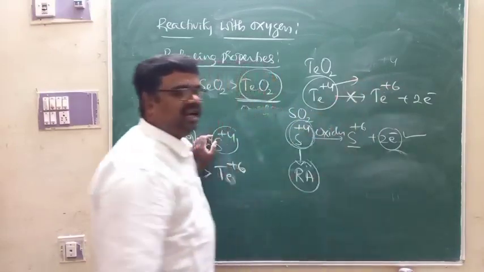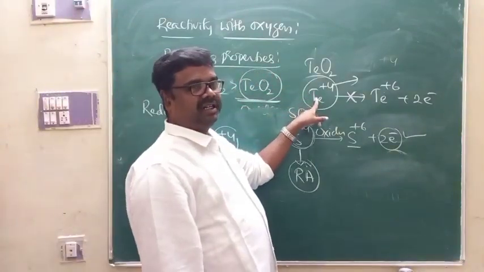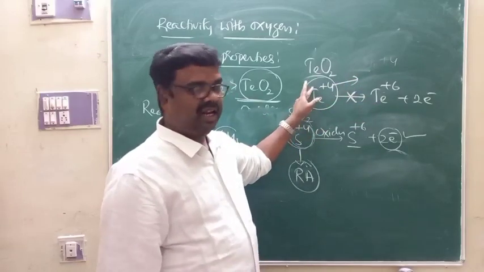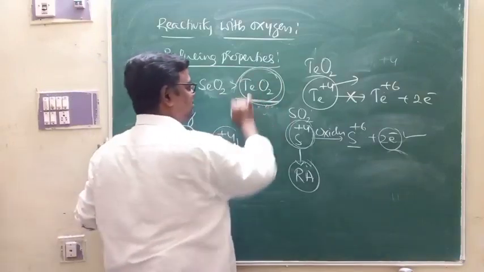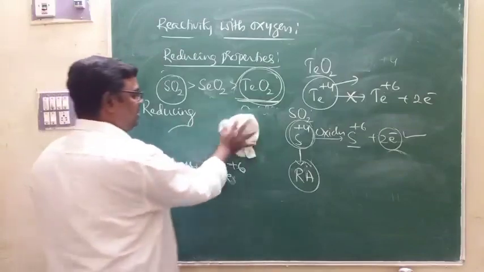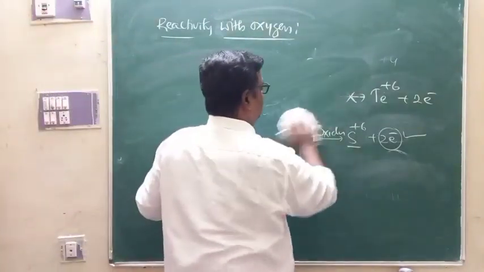Therefore, it can never be a reducing agent. Hence sulfur dioxide is a better reducing agent than tellurium oxide, TeO2. So that is what we call the comparison of reducing properties of EO2 type oxides.